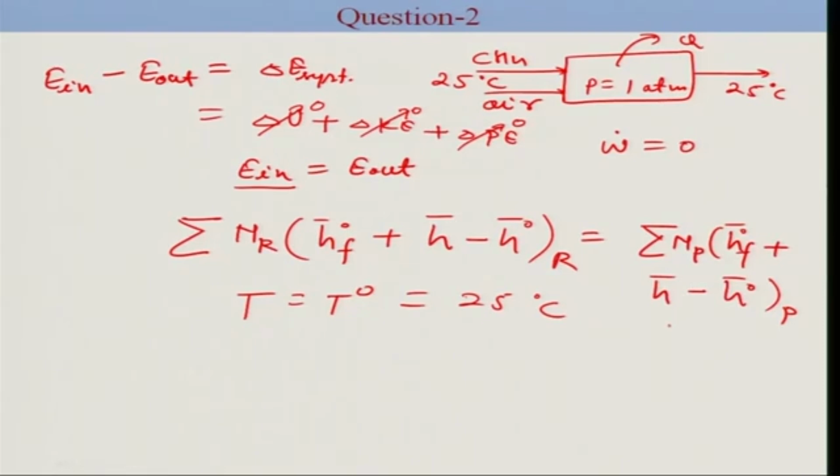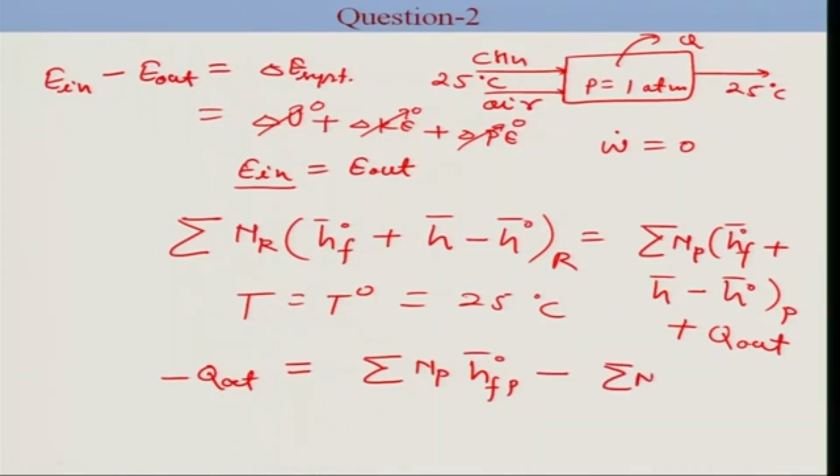One more thing is missing here, Q is coming out. Okay. So, Q out will be there. So, after solving it and rearranging, we get Q out equal to number of moles of product times enthalpy of formation of product minus number of moles of reactant times enthalpy of formation of reactant, because these terms will be 0 since working temperature and reference temperatures are same.